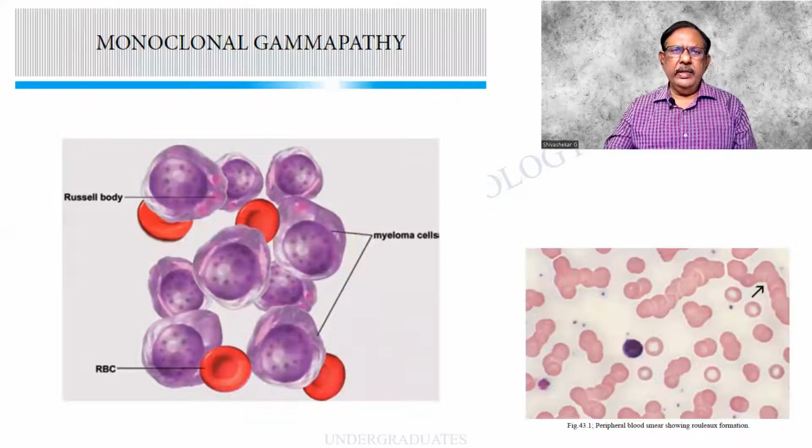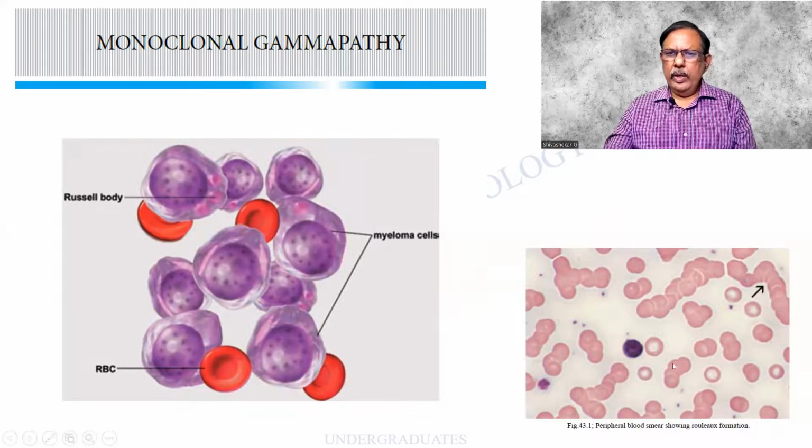What we are seeing in the peripheral blood will be this kind of a picture. The peripheral blood picture is not diagnostic in monoclonal gammopathy, which means multiple myeloma or Waldenstrom's macroglobulinemia, two disorders.